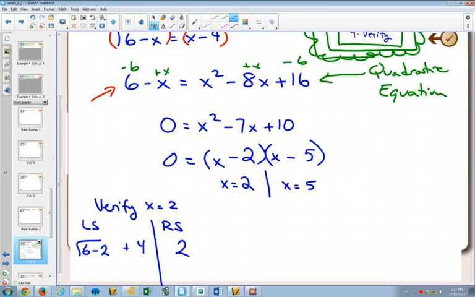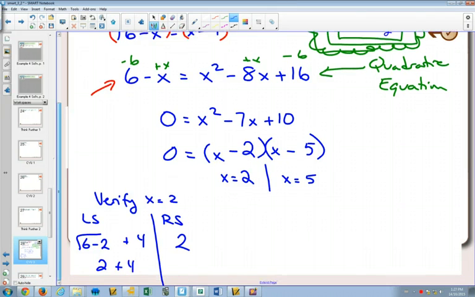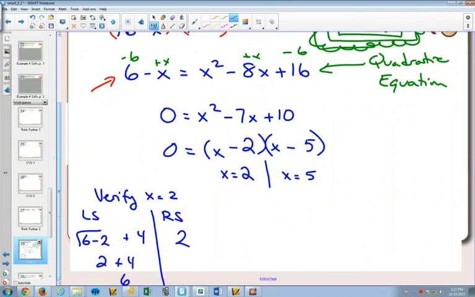Square root of 4 is 2. So this becomes 2 plus 4. 2 plus 4 happens to be 6. Everybody knows 6 is not equal to 2. Whoa. That doesn't work. So this one is extraneous. It doesn't actually work.